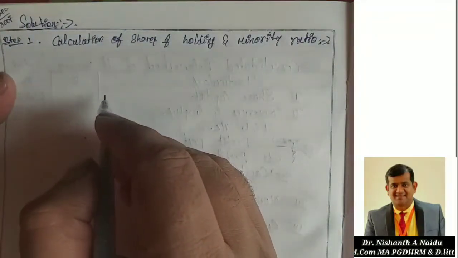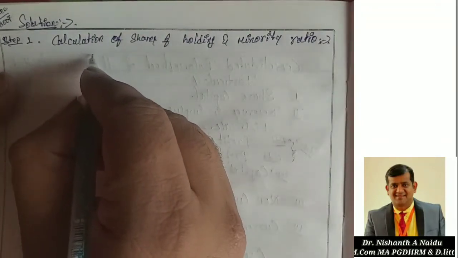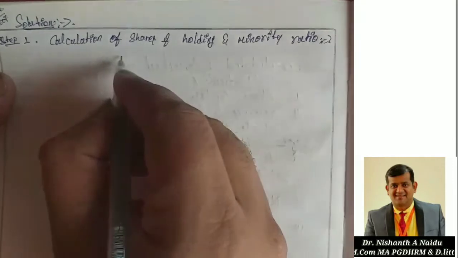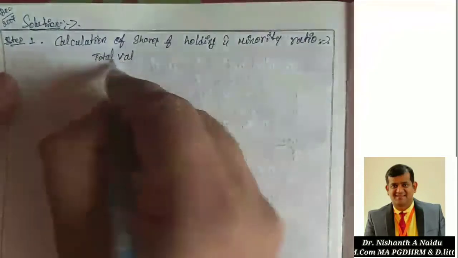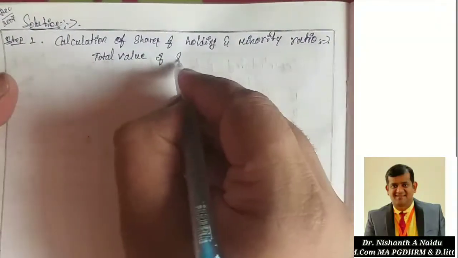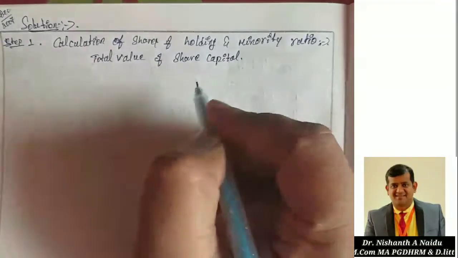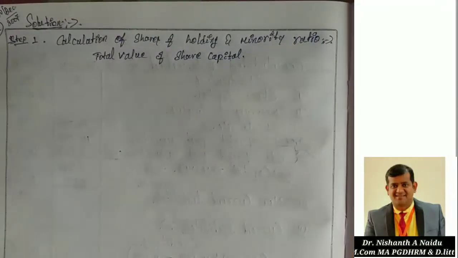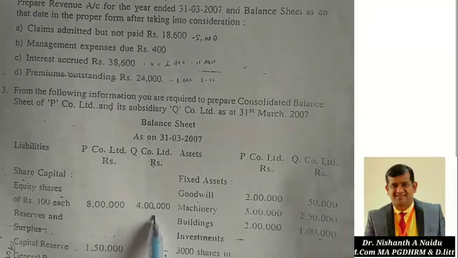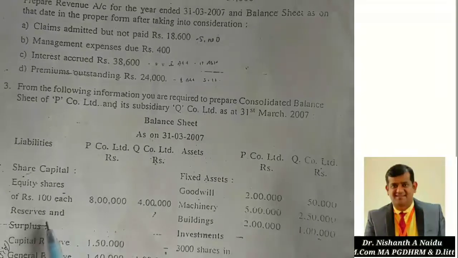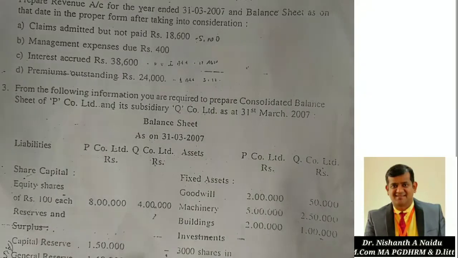Under this, first we have to take the total value of share capital of the subsidiary company. This is 4 lakh, at 100 rupees each. So 4 lakh divided by 100 gives 4,000.